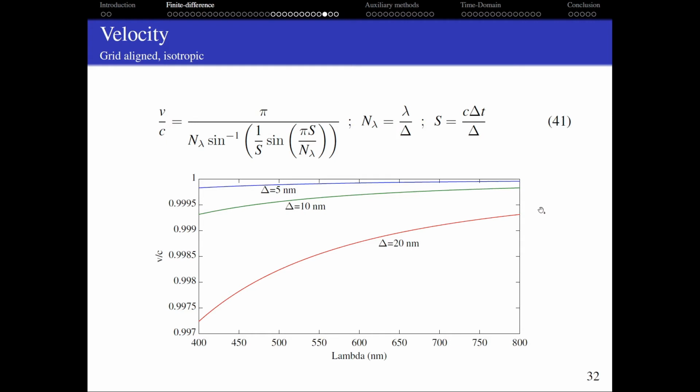So it becomes very, very bad for 20 nanometers of discretization, because we are basically missing 0.3% of the speed of light at 400 nanometers. So this is something that usually you should not see if your wavelength is discretized properly. This is an extreme case, because when you look at the discretization related to the wavelength, you have only 20 points in it, and it's already not enough.